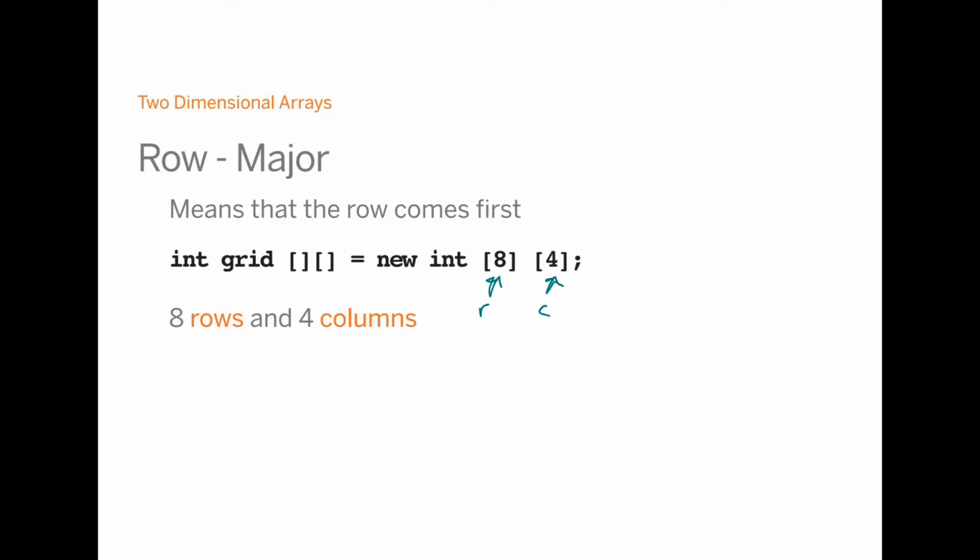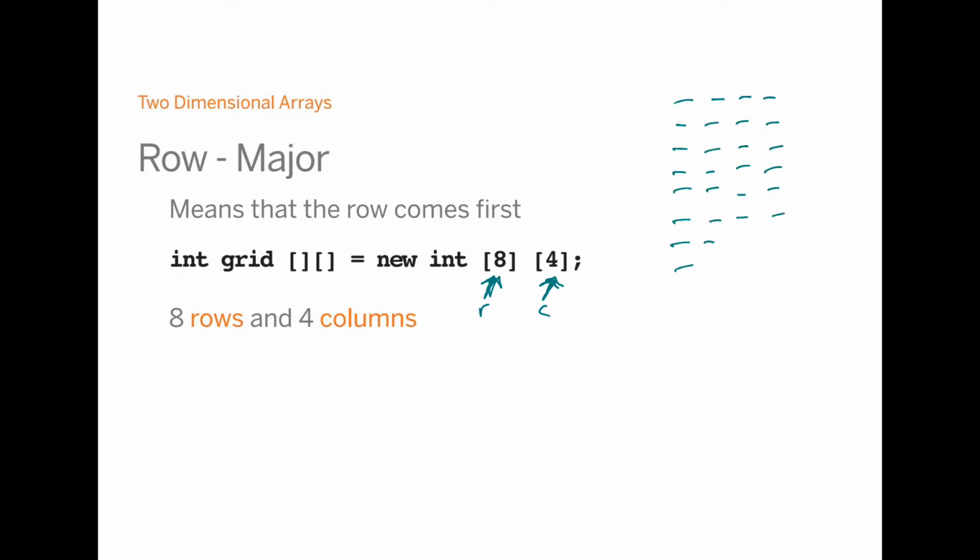So what Java is doing is creating an int array, and it sees the number 8 first. And so it says, oh, we're going to create a table with 8 rows, 1, 2, 3, 4, 5, 6, 7, 8. And then we're going to see how many columns we need. Oh, we need 4 columns in each of these rows. So then we create the 4 columns that we need.